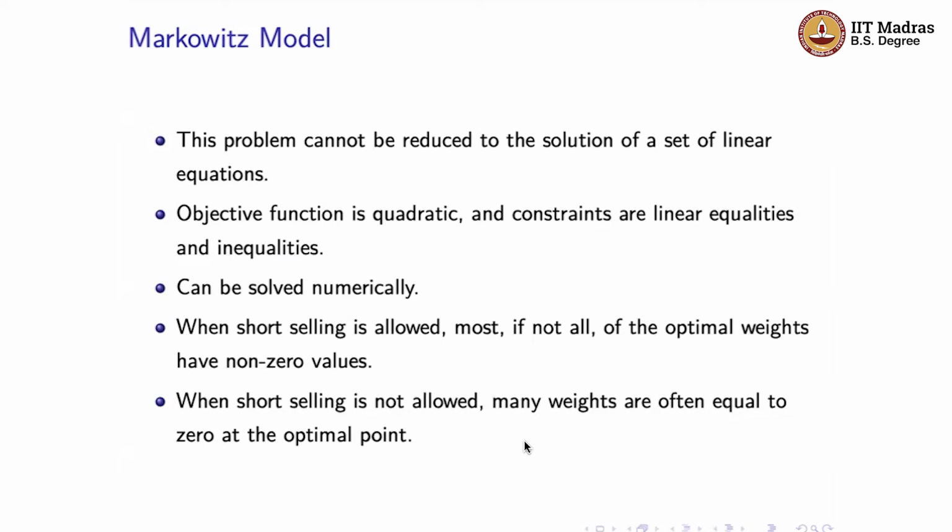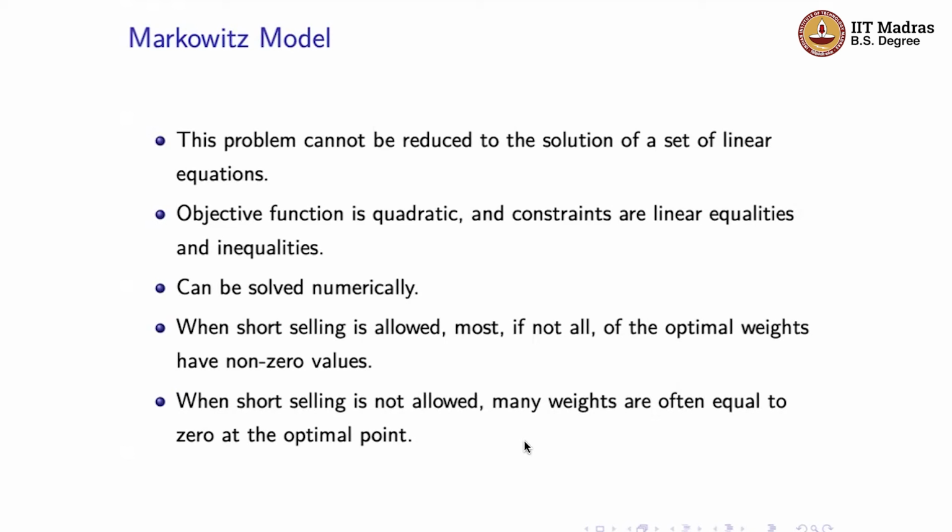So just qualitatively, one point to note here is the difference between the case when short selling is allowed versus not allowed. If short selling is allowed, most of the optimal weights that we are going to get are going to have non-zero values. So we'll end up essentially using almost all of the assets to construct our optimal minimum variance portfolios and so on.